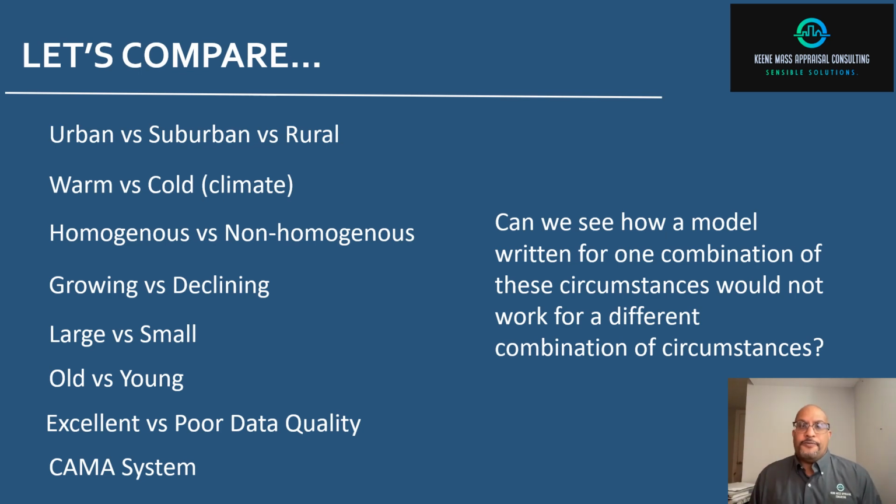So with all of these dimensions of difference, there are a lot of possible combinations. Can we see how a model that's written for one combination of these circumstances just absolutely would not work for a different combination of circumstances?